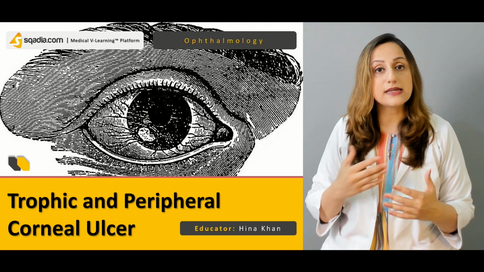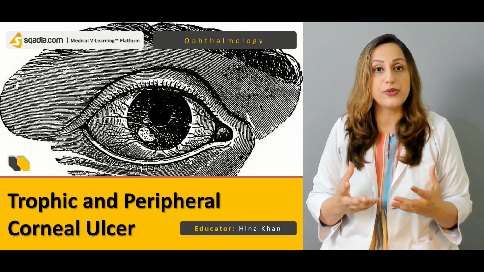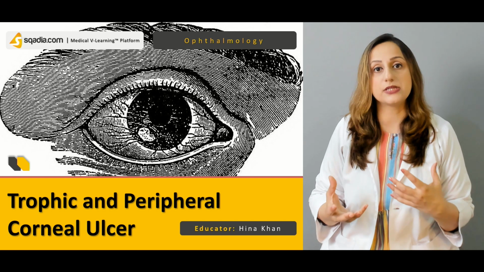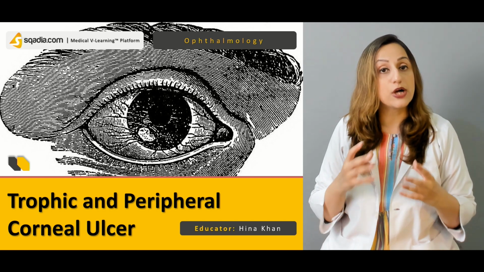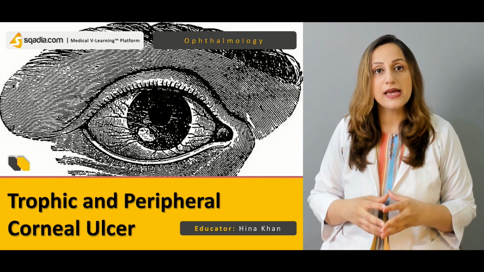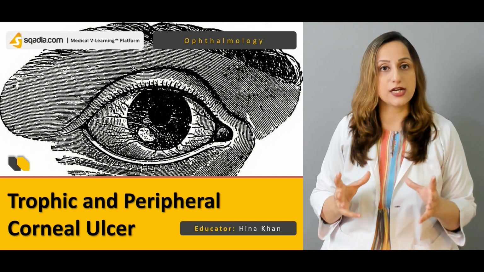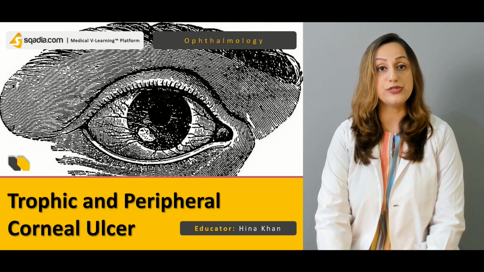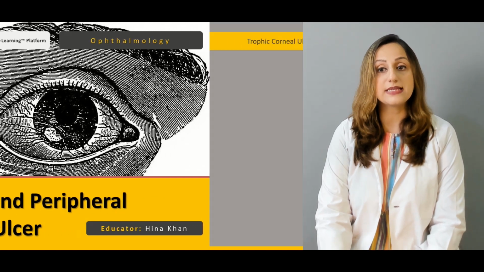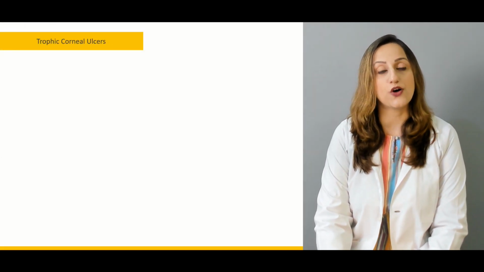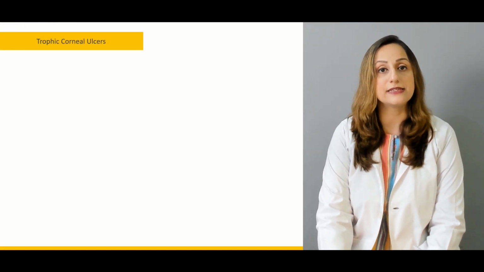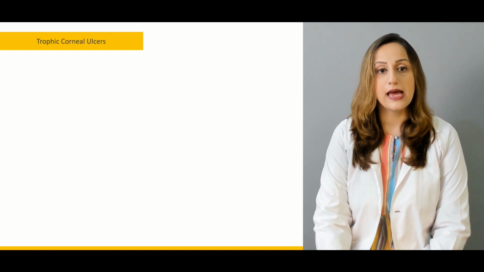So the ulcers that would be residing near the limbus would be regarded as the marginal ulcerations. So this is the topic of discussion today, and we'll be going through these interesting facts that basically relate towards the development of these trophic ulcerations and marginal ulcerations.